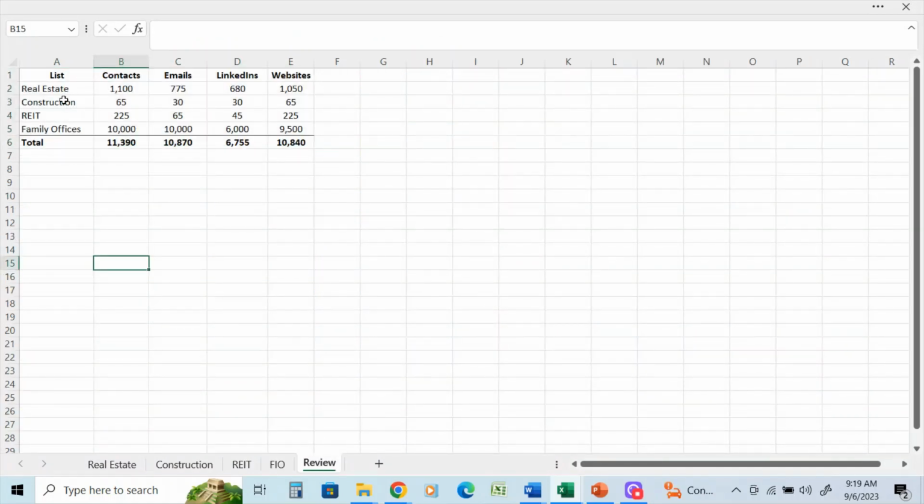So here we go. We've got a total of 11,390 contacts, 10,000 emails, 6,700 LinkedIns, and about 10,800 websites. So under the construction and real estate, it's going to be one of the larger categories when it comes to databases, mainly because I've included the family investment offices in that.